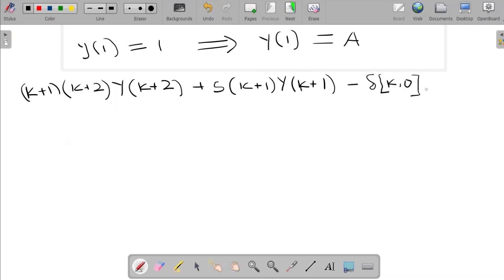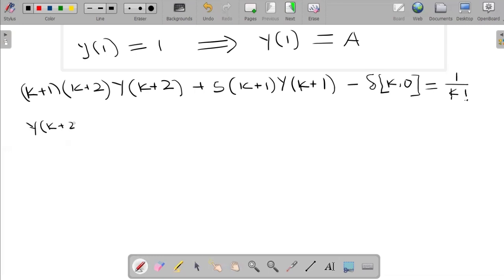Since our constant is 1, we multiply 1 by the Kronecker delta, and that is equal to, for our exponential where b is 1, 1 over k factorial.